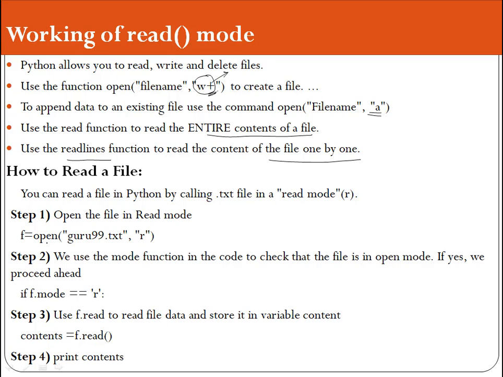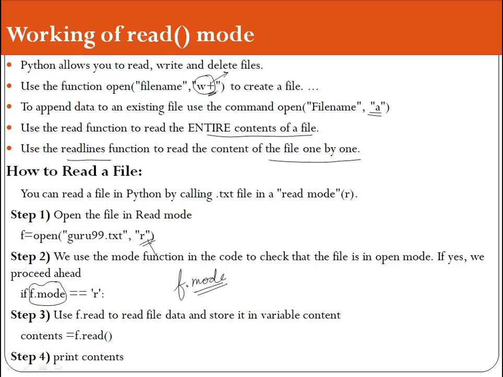So let's see. First, it is the read mode for reading the file. We are checking whether the file has been opened in read mode. So we have seen f dot mode. It will return the mode of the file in which it has been opened.